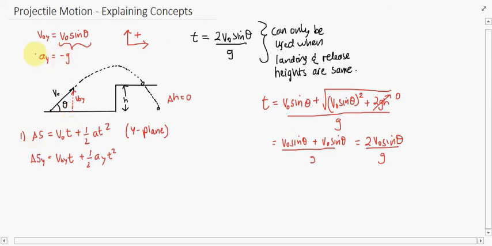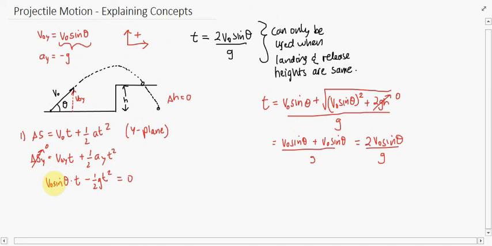Since the acceleration vertically is the downward acceleration of gravity, it is g, but because it's going down it is negative g. So if I replace this convention in here, and since there's no change in vertical displacement when the landing and release heights are the same, this goes to 0. I'm left with v naught sine theta times time minus 1/2 g t squared is equal to 0.